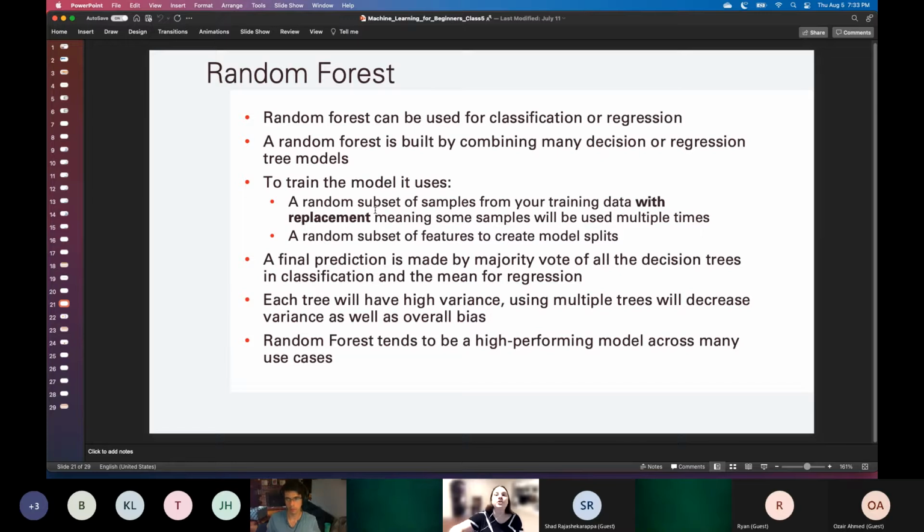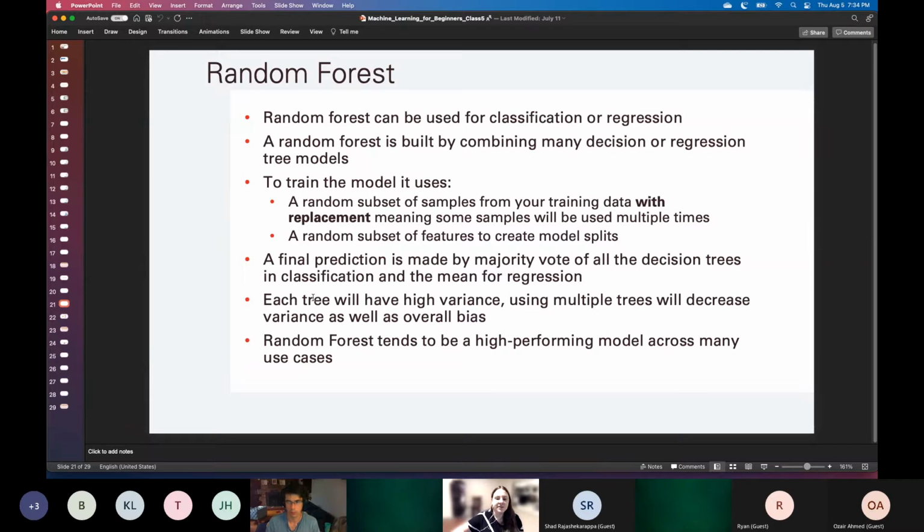And then it will take a new subset of your features, run another decision tree, do it again and again and again. So then at the end, it makes an average, a simple average or a mode, depending on if it's a classification or regression problem, to pick the final prediction across all of the decision trees.